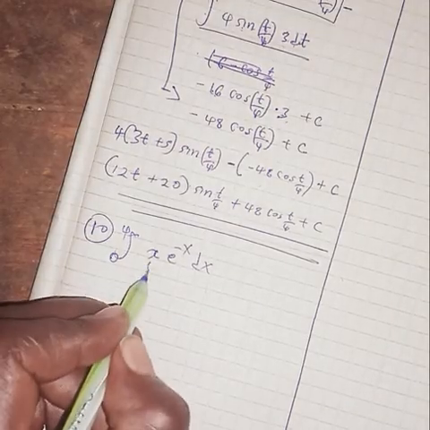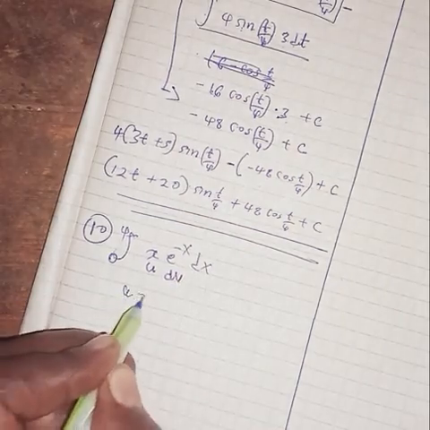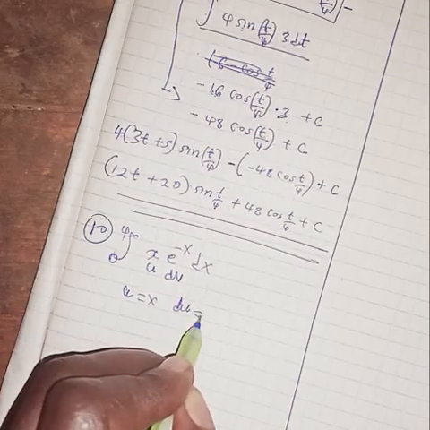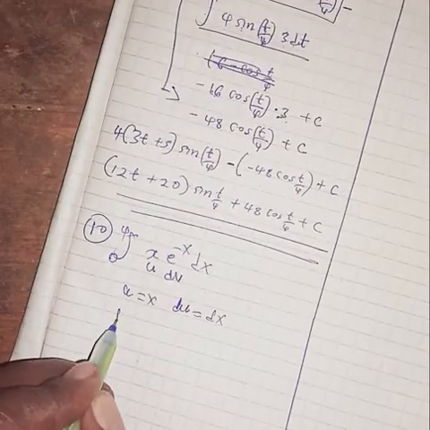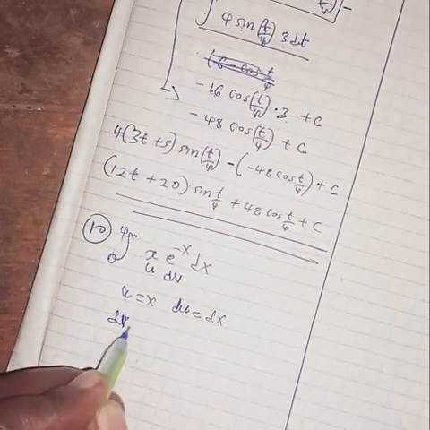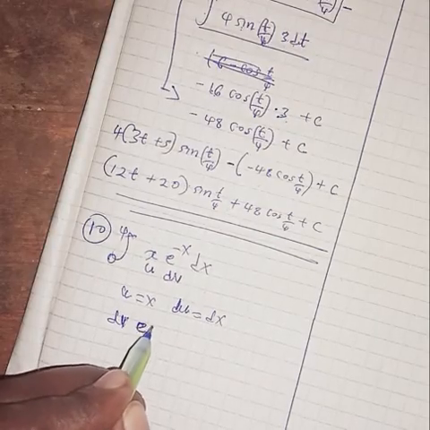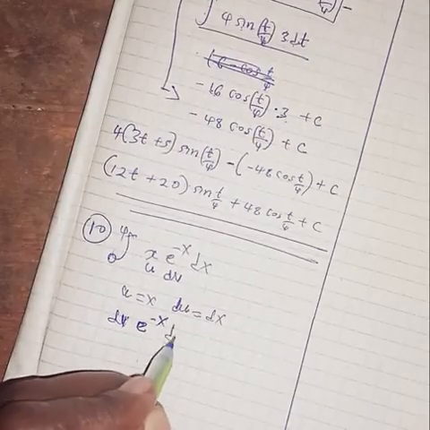This will remain to be u, this will remain to be dv. So u will be x. Now du, you get simply dx. Now we have dv to be e raised to negative x dx.